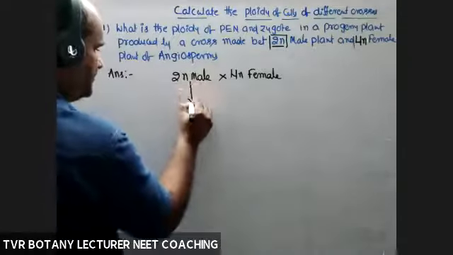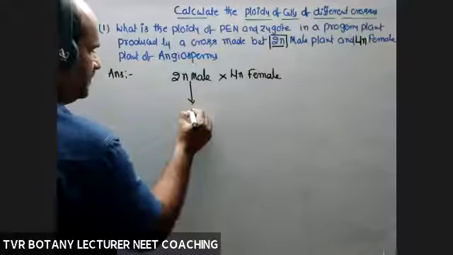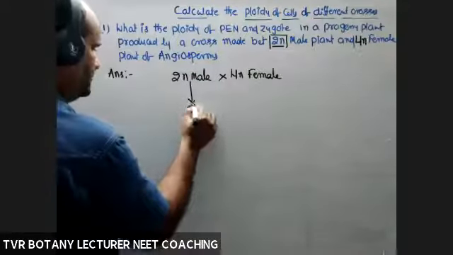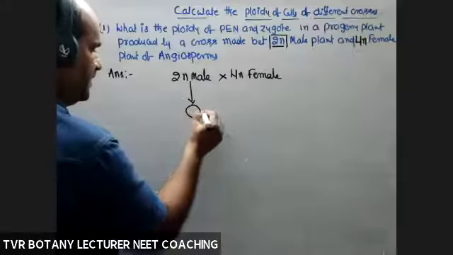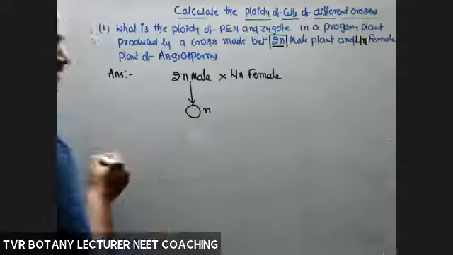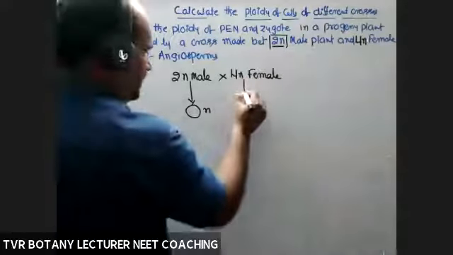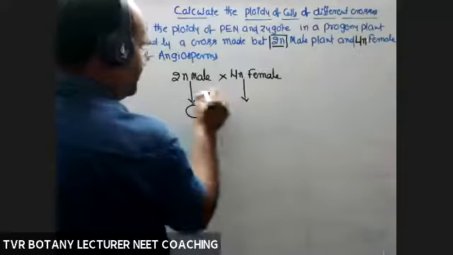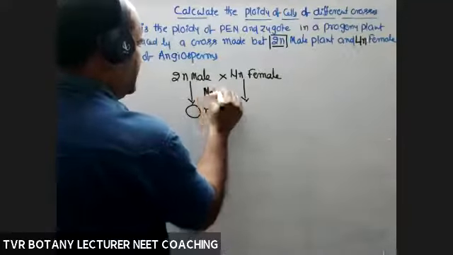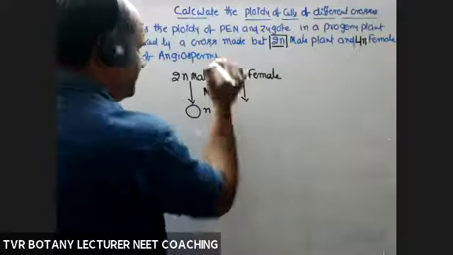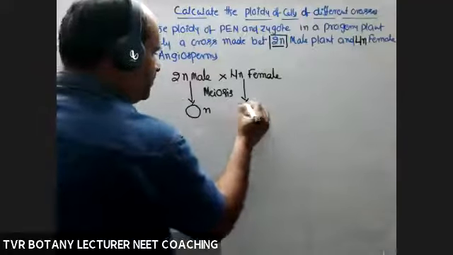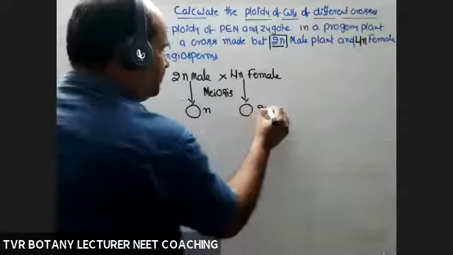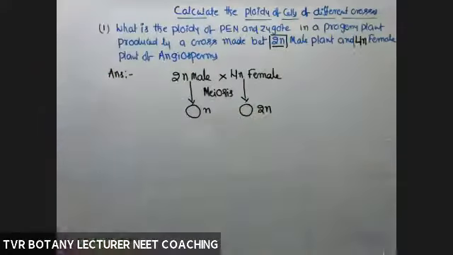So after meiosis, what about the structure? Pollen grains, and they are haploid, able to produce male gametophyte and male gametes. So definitely haploid. What about on behalf of the female after completion of meiosis? The cell which is involved in fertilization is definitely 2n, diploid, half of that one.